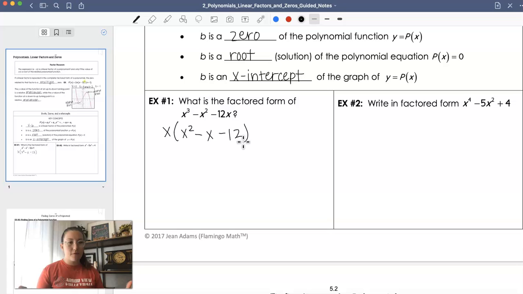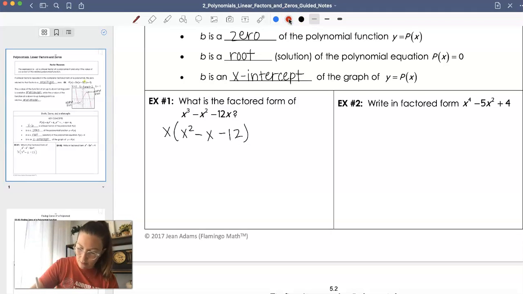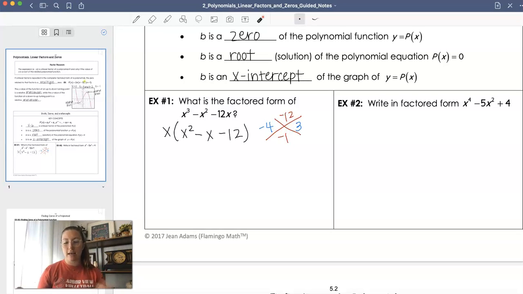Okay, we want to continue to factor this. Now I'm looking at just this piece, and I want to know what multiplies to give me -12 but adds to give me -1. Hopefully you guys are all thinking -4 and +3. Double check it. Multiplying those together, -4 times 3 is -12, and then adding those together, -4 plus 3 gives me that -1.